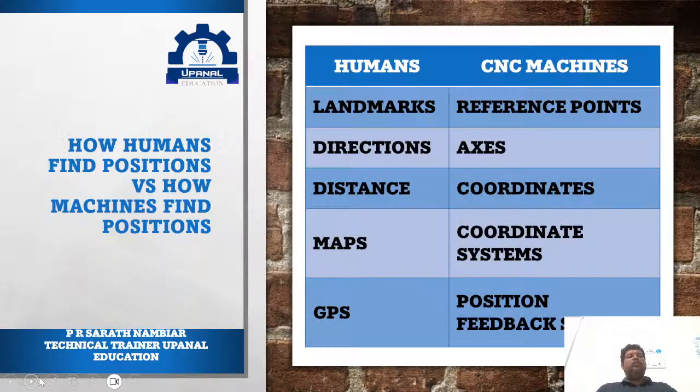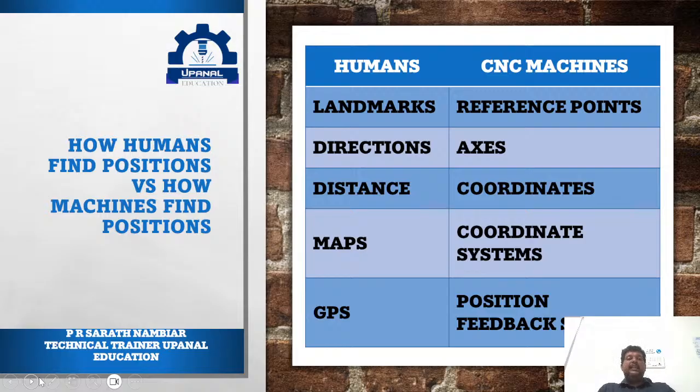Before we learn about coordinate systems, let us compare how humans find locations and how CNC machines find locations. Suppose you want to visit a friend's house for the first time. Normally, you would use landmarks. You may say, okay, near the bus stand, near the railway station, or opposite to a shopping mall. Humans use landmarks to identify locations, but machines cannot understand landmarks.